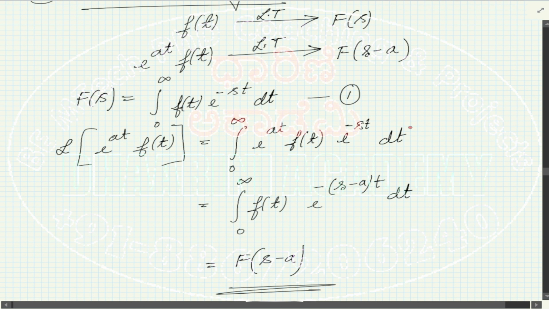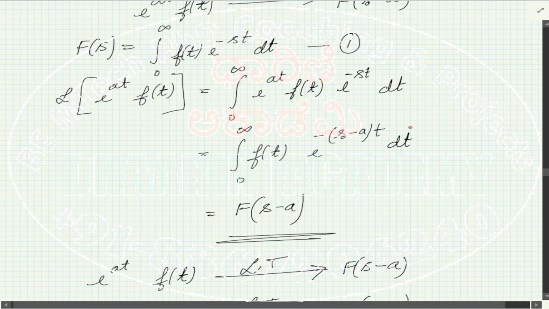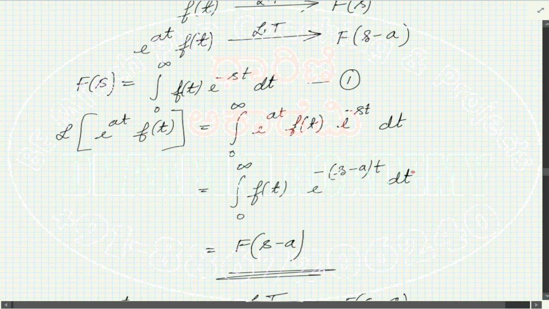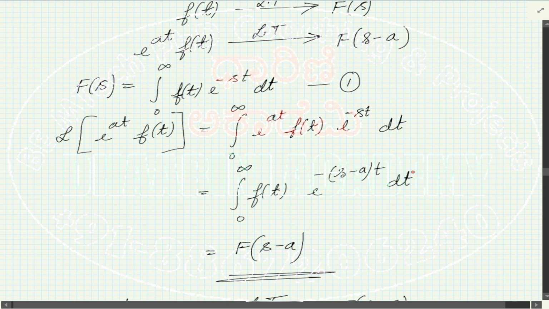So e to the at can be clubbed with e to the minus st. If this whole term was simply s, I would write s here, correct? But now it is s minus a. So it is f of s minus a. Very straightforward. Just see this and let me know if you have a doubt.